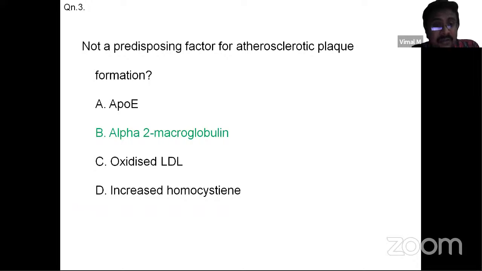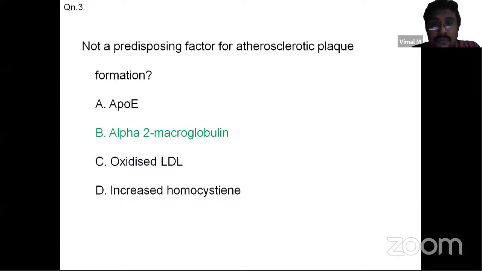ApoE is apolipoprotein, and oxidized LDL, the low density lipoprotein which is oxidized, is phagocytosed by the macrophages, which are called foam cells. All this happens in an atherosclerotic plaque.